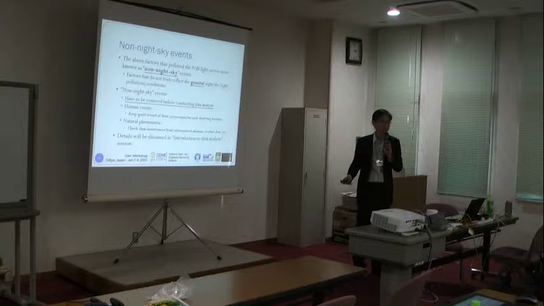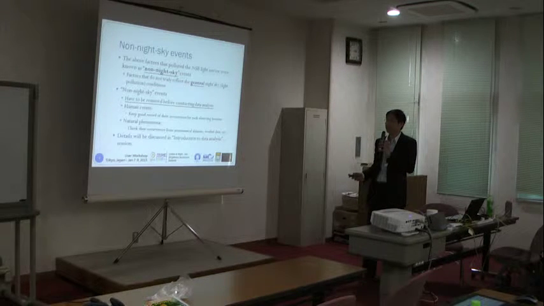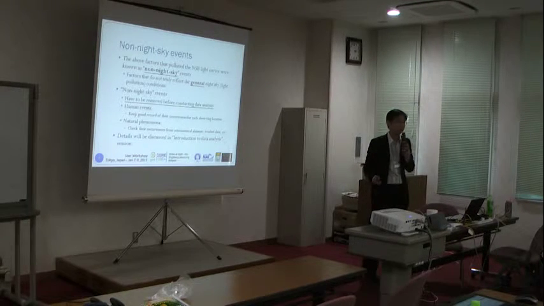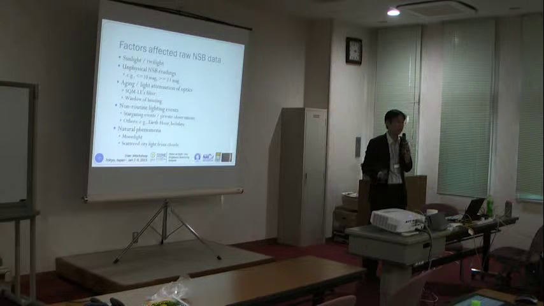We define these factors as long-term night sky events, and they do not reflect the general sky condition. Especially for long routine lighting events, they are real data, but do not reflect the general condition.